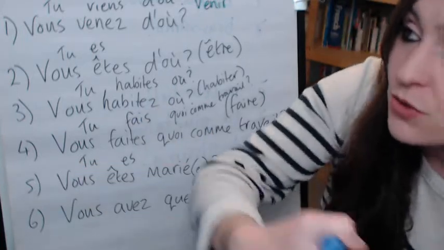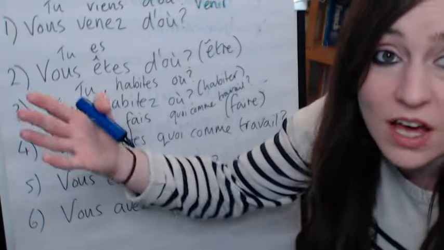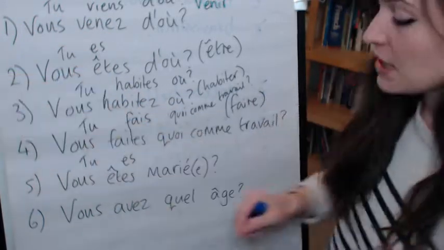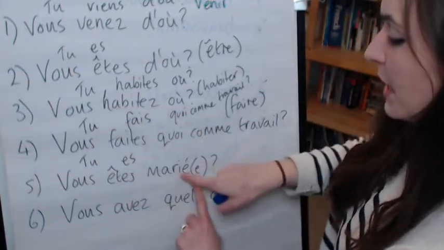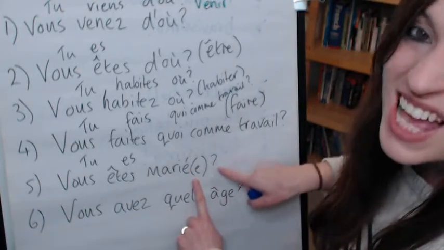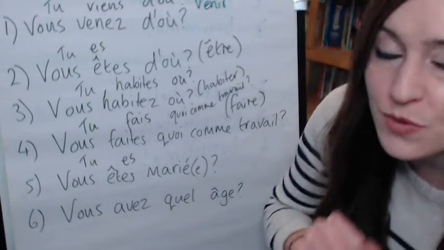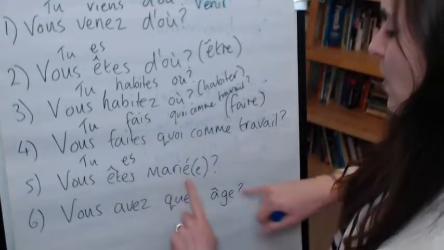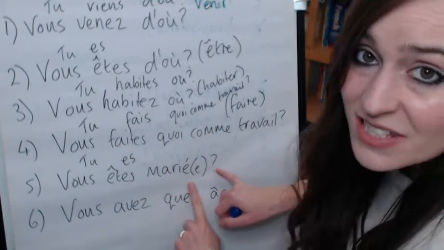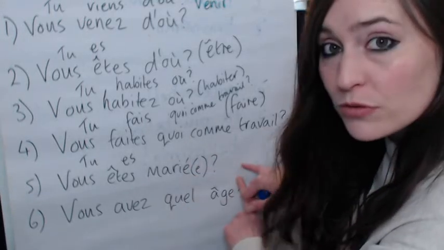If I were to ask a group of guys, lots of guys, are you guys married? Then I would use marié with an S at the end. If it was a group of girls, it would be marié with the extra e and an S to make it feminine and plural.